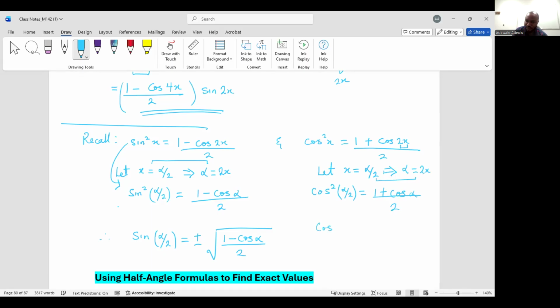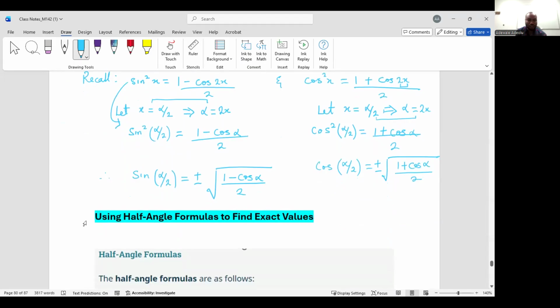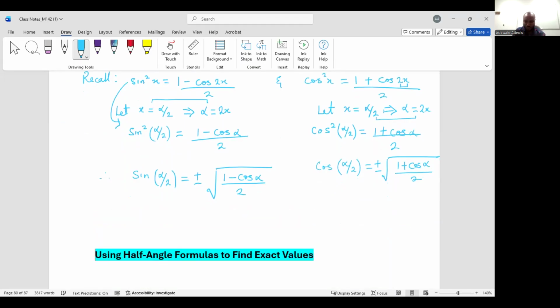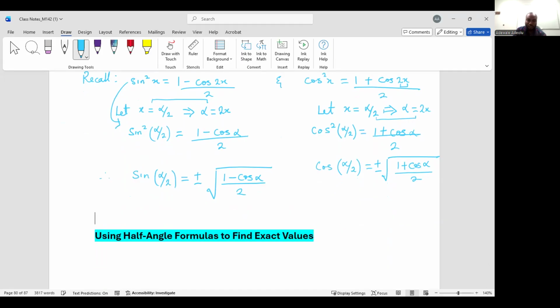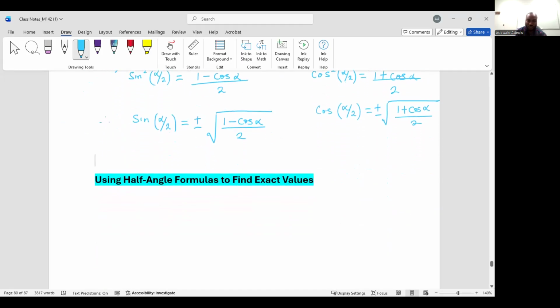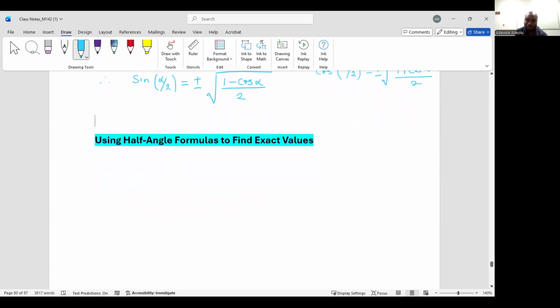And now cosine of alpha over 2 is plus or minus square root of 1 plus cosine of alpha over 2. So I call this the half angle formula for sine and cosine. And again, we can do the same thing that we've been doing for tangents, just divide those results, sine by cosine.